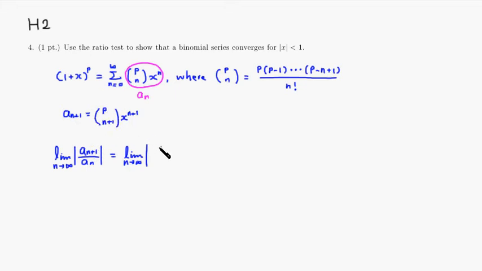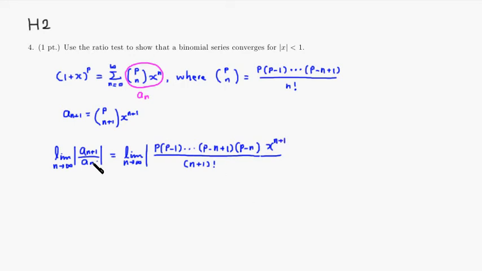The binomial coefficient starts from p, then p minus 1, and so on, all the way to p minus n plus 1, and also p minus n. Then you have n plus 1 factorial on the bottom, and also x to the n plus 1.